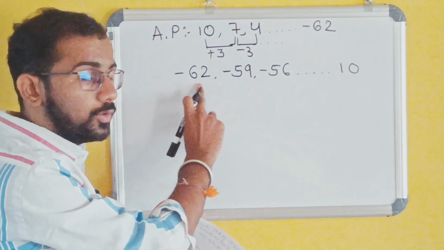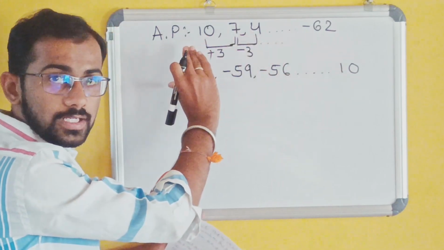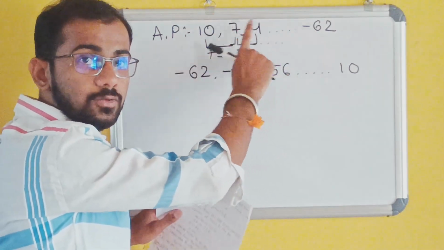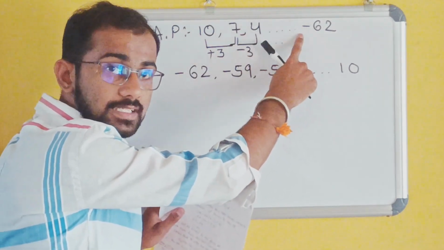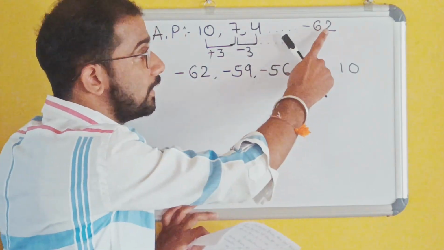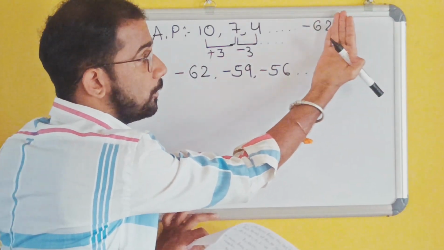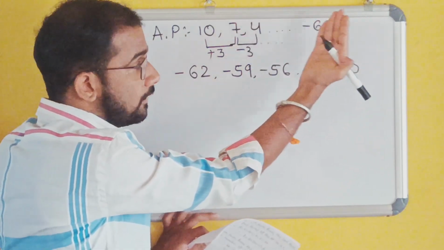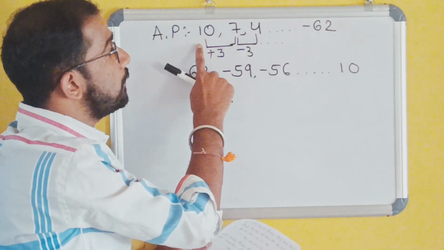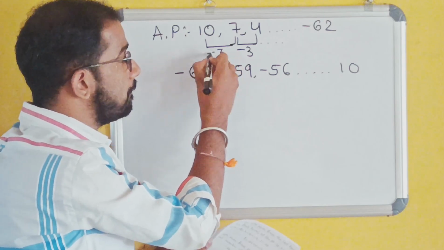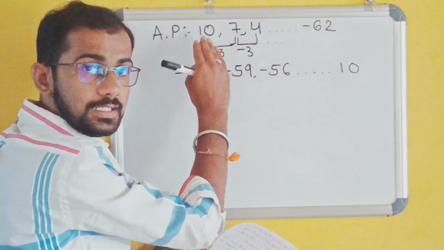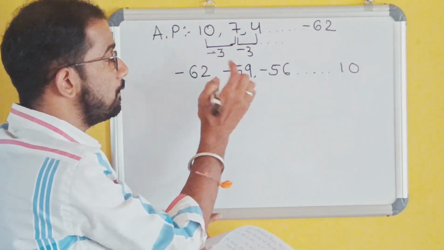Now I wrote this sequence in reverse order. This is the given sequence from the question, and from it we need to calculate the 11th term from the last. In the given order the difference is minus 3, but in reverse order the common difference becomes plus 3.